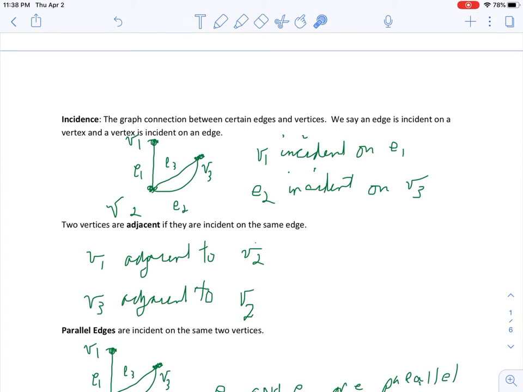All right, so V1 is adjacent to V2, and V3 is adjacent to V2. And like I said before, though, V3 is not adjacent to V1. Why? Because there's not one edge between them.